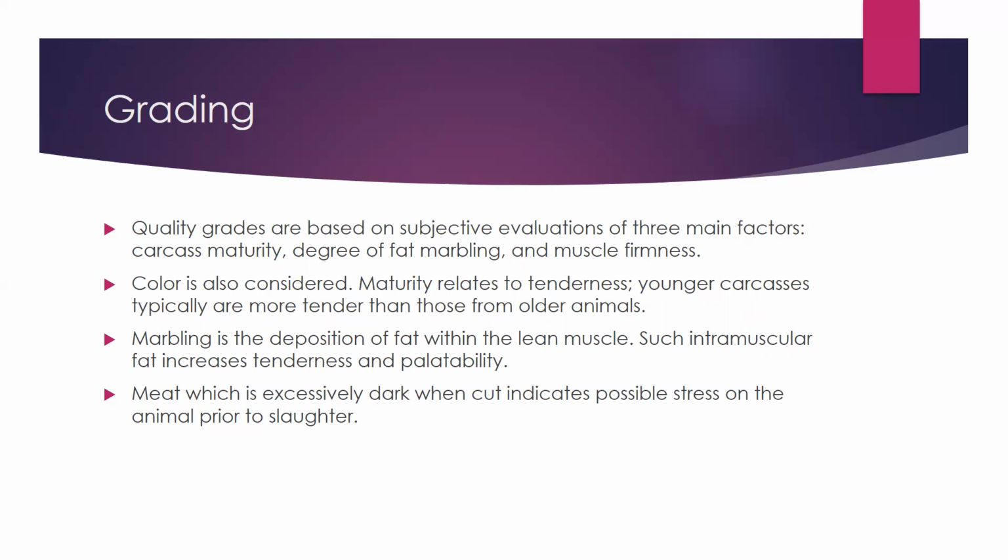Younger carcasses are typically more tender than those from older animals. Marbling is the deposition of fat within the lean muscles, and such muscular fat increases tenderness and palatability. Meat that is excessively dark in color when cut indicates possible stress on the animal prior to slaughter. We'll be discussing this in further slides. So these are the major three factors on which the quality grade depends.